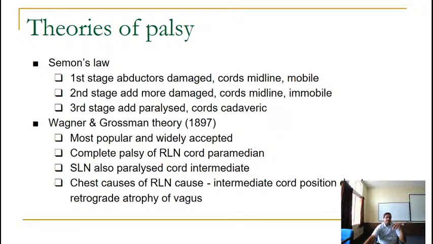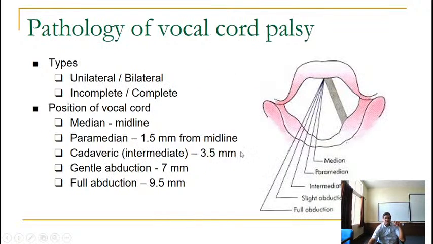And there is another theory that is proposed and well accepted, that is the Wagner and Grossman theory. And this says that in complete palsy of the recurrent laryngeal nerve, the cord is in the paramedian position, that is the second position. Okay, midline and the paramedian position. But this is only if the recurrent laryngeal nerve is affected.